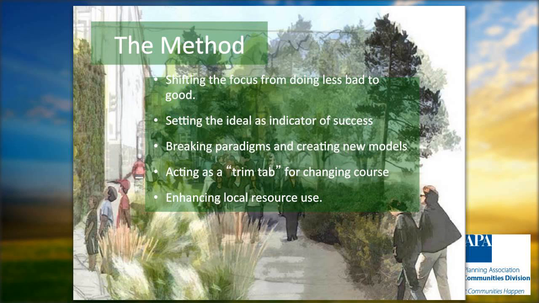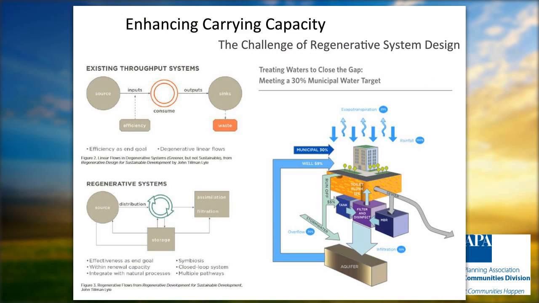One of the key operating concepts in this approach is carrying capacity and living within the carrying capacity of an area, whether that's the city or the bioregion or the whole planet. This is an old concept that's part of any ecological approach to planning.